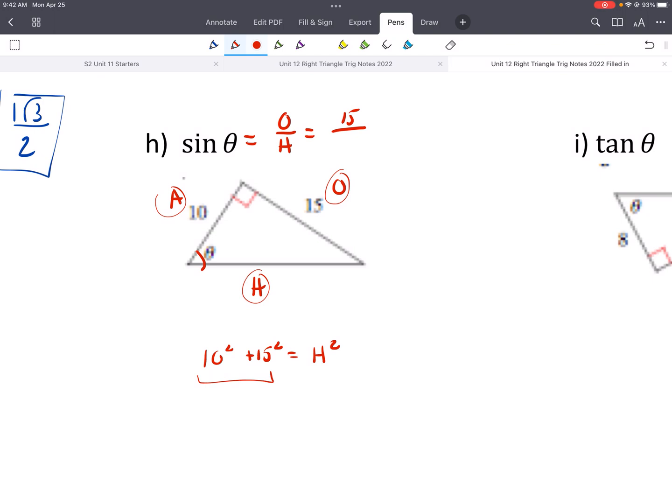So 10 squared is 100 plus 15 squared, that's 225. So if we add that together, we'd get 325 equals h squared. Okay, so 325. And then to get h by itself, we would need to square root.